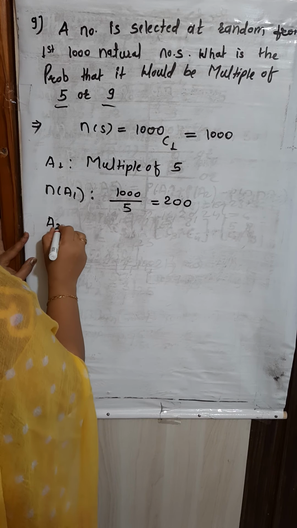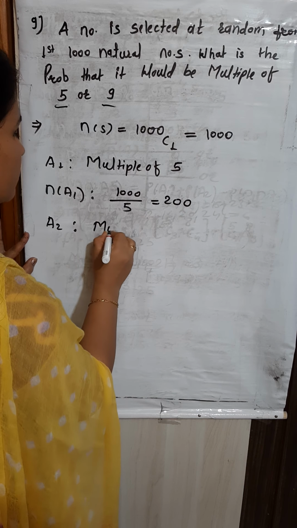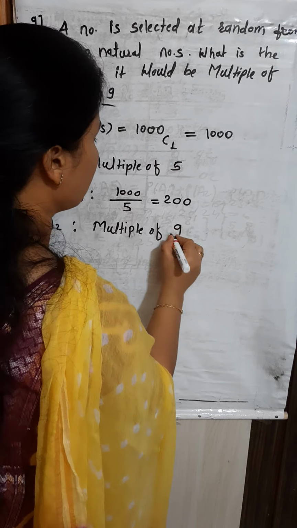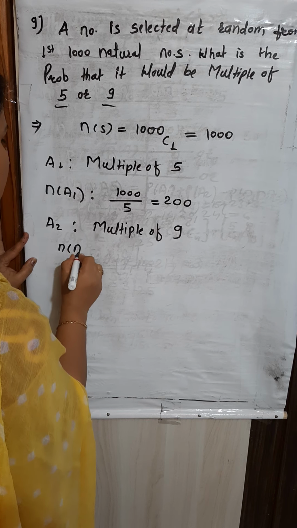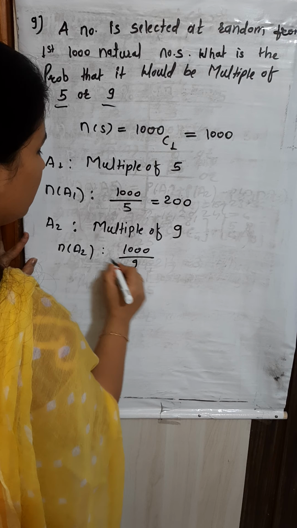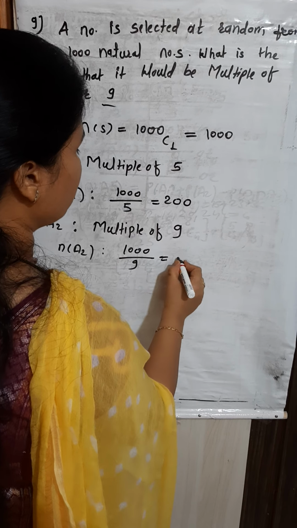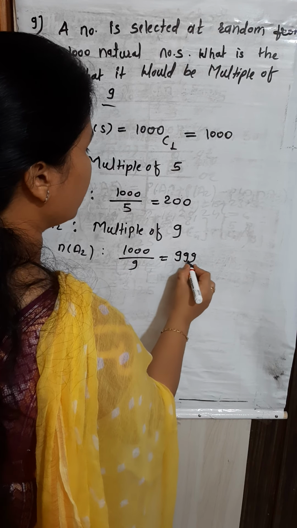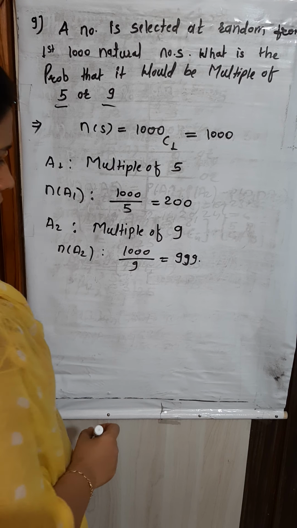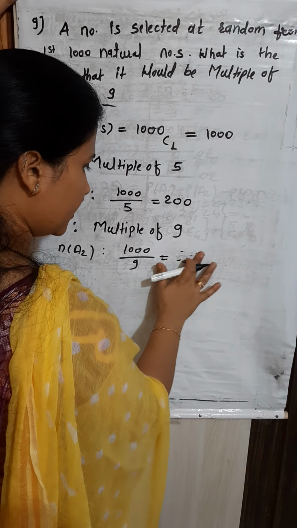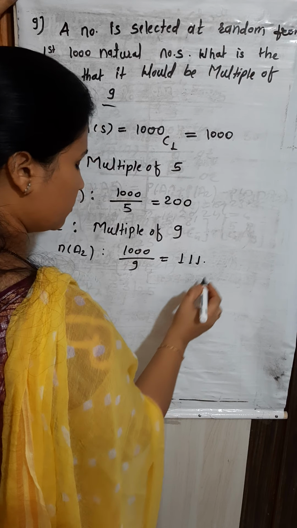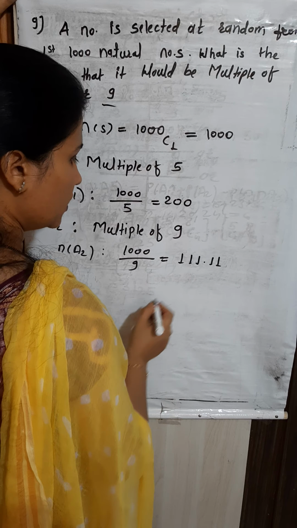Now A2, multiples of 9. So n of A2. We'll divide 1000 by 9. It will be 111.11.